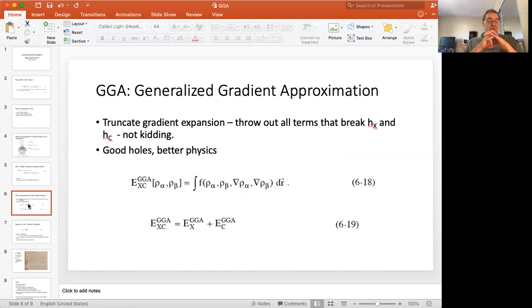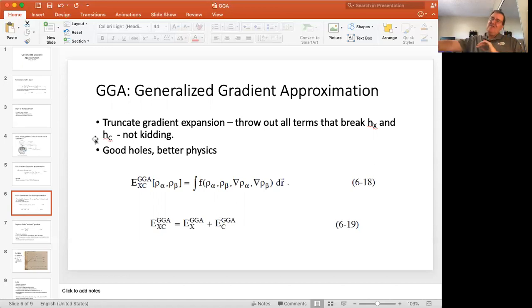But the Purdue group, and actually probably the Langer group before them, had this very clever idea. They said, look, I'm going to look at all the pieces in a gradient expansion, and what I'm going to do is truncate it, and throw out all the terms that break the exchange hole and the correlation hole. So they're basically going to do an integral until it's the case right up to the point where hx integrates to -1 and is always negative, and the correlation hole integrates to 0.